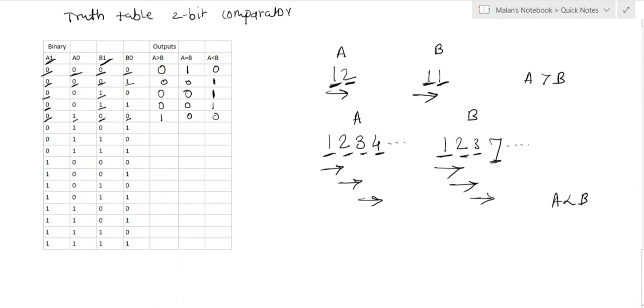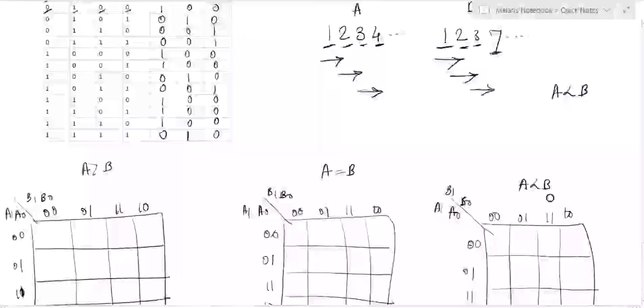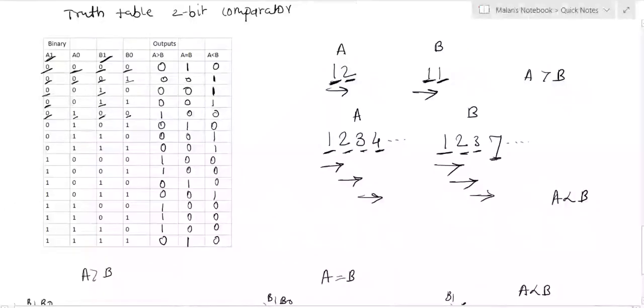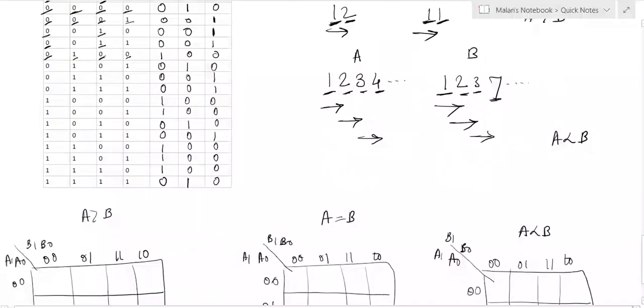Now in this way the comparison operation is performed, and the outputs are 0, 0, 0 to 1, 1, 1 sequentially. So we can use the M notation. M0 to M15 contain the output values. Now directly we can plot the outputs onto the K map. The outputs M0, M1, M2, M3 are all 0, 0.